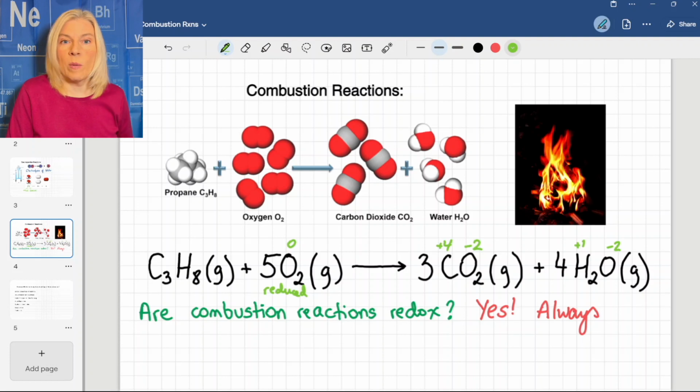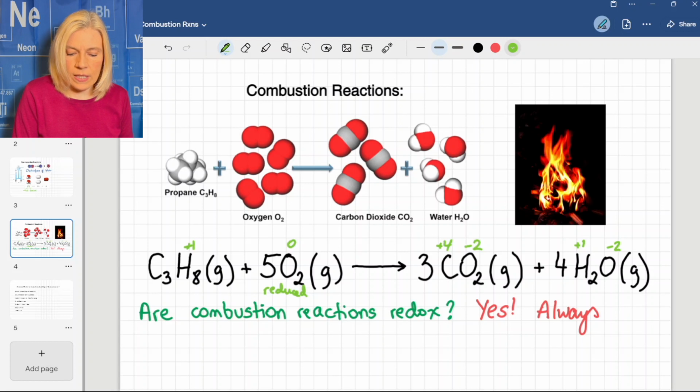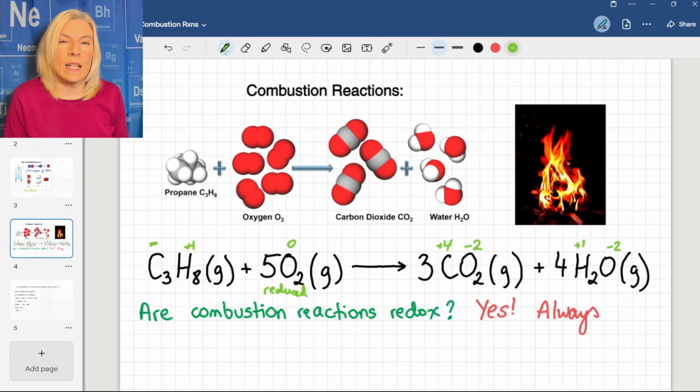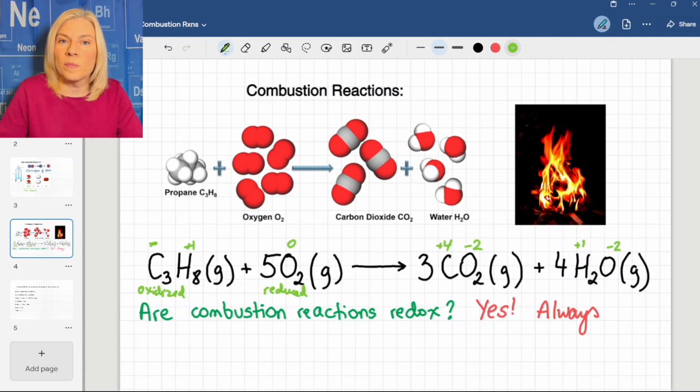And now I have to go quickly to my propane, and hydrogen charge with a non-metal will be +1. So I have +1, and that means my carbon has to be some kind of a negative charge. It will be a fraction, but all I need to worry about is that it's a negative charge here. And if it's a negative charge and now it becomes +4, that means it lost electrons. So my carbon here is oxidized. So there we go. So combustion reactions are always redox.